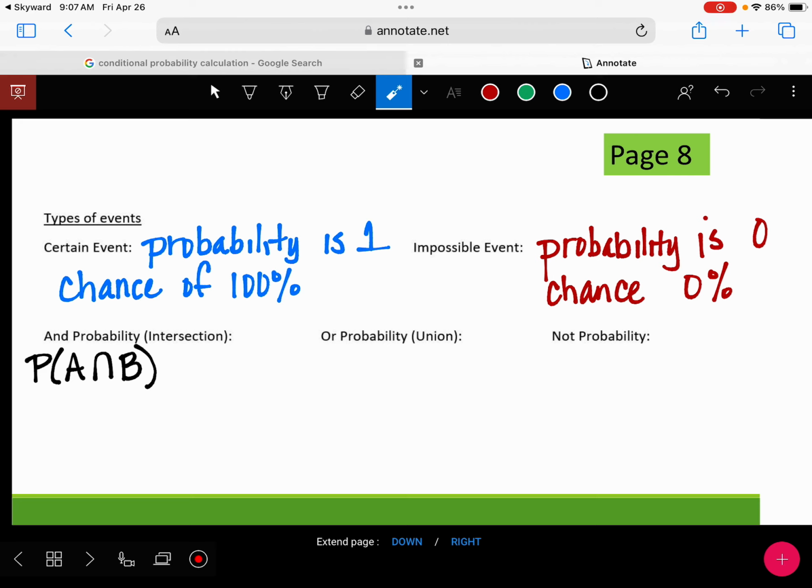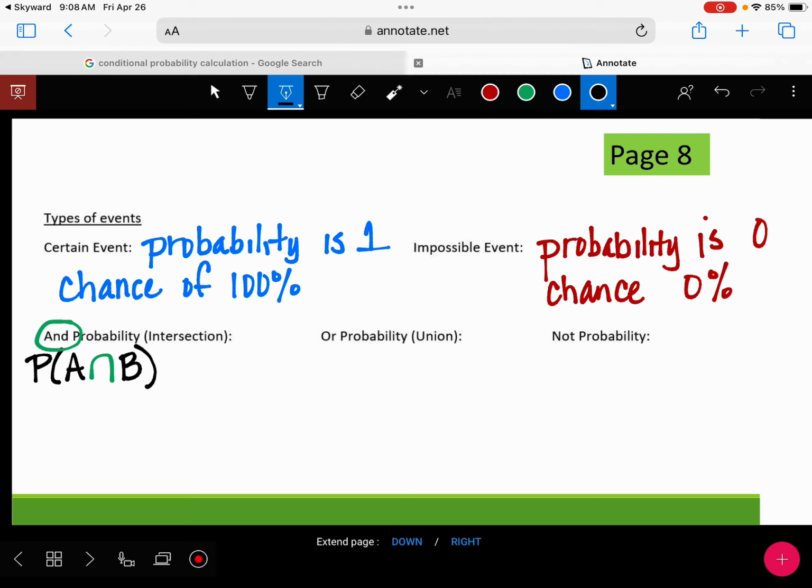So let's talk about these 3 notations. The first one, we kind of talked about it a little bit yesterday, is the and. In your notes, when you see an upside down U, to me it looks like the letter N. And that's how I remember that means and. Have you all heard of a Venn diagram where you have the two circles?